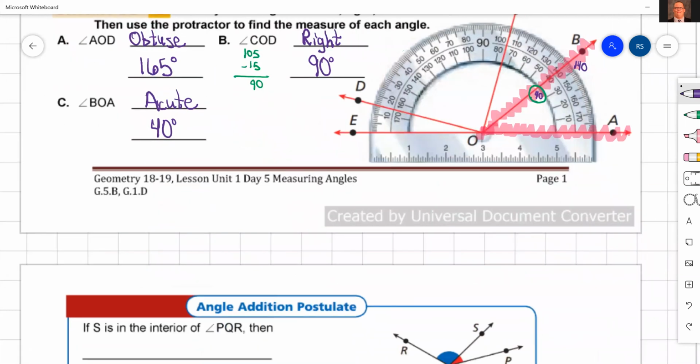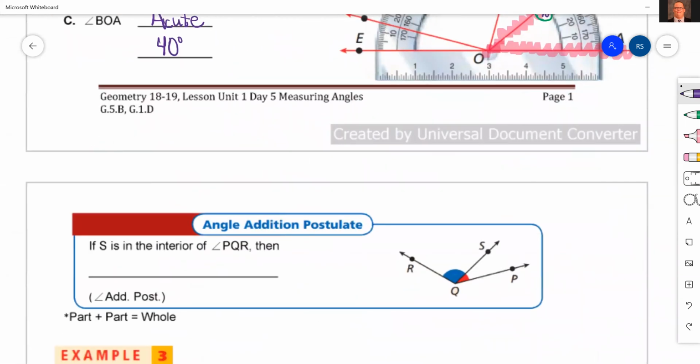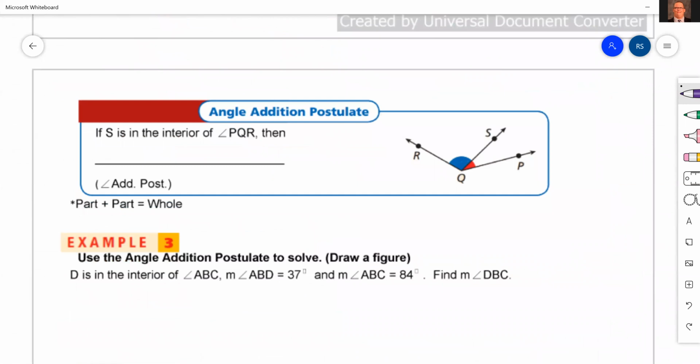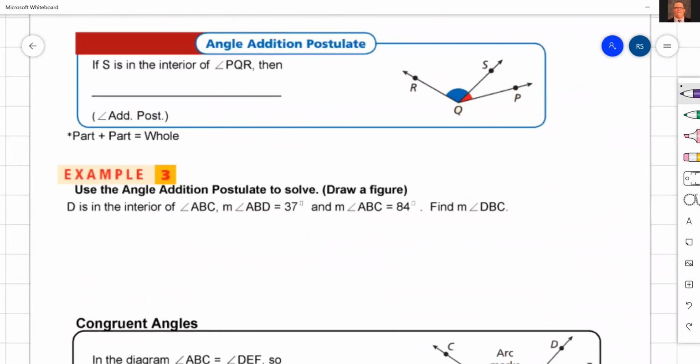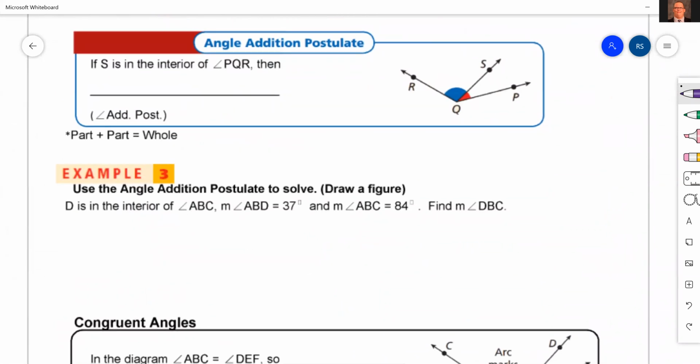Okay, so let's go to the back of the notes now. Now we're going to have to do a little bit of math. This is called the angle addition postulate.